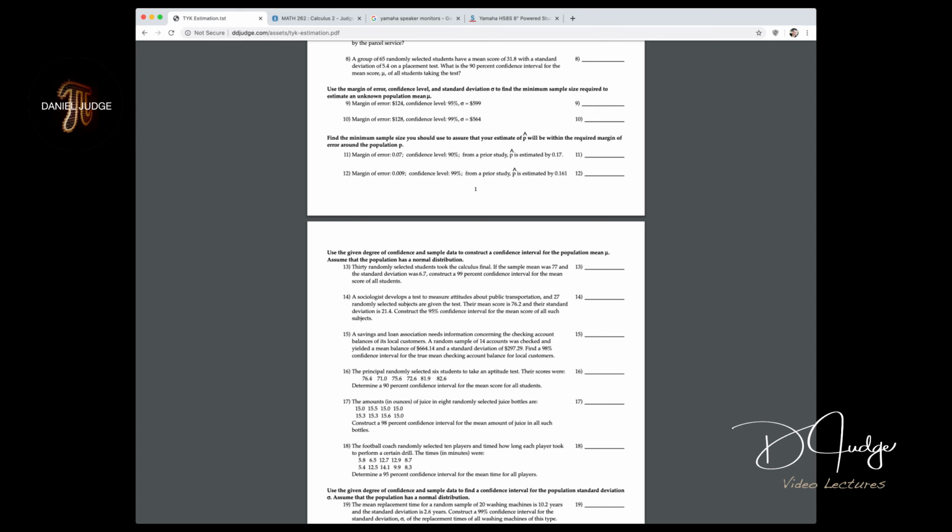This was estimating mu. We're now going to estimate P. And that's what we're going to do in the future. But what sample size is needed to start this estimation?